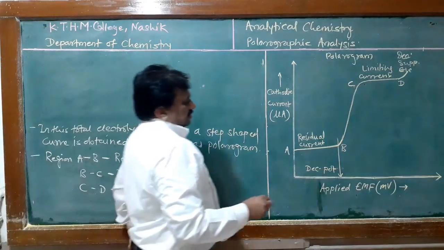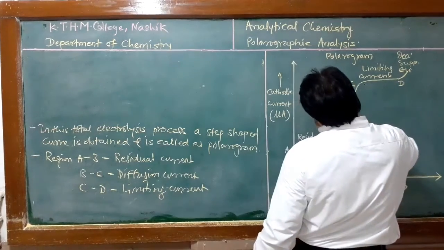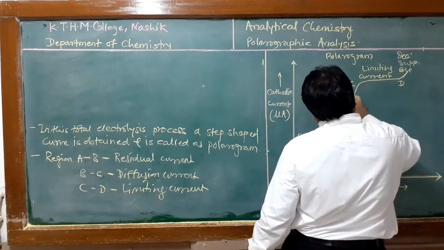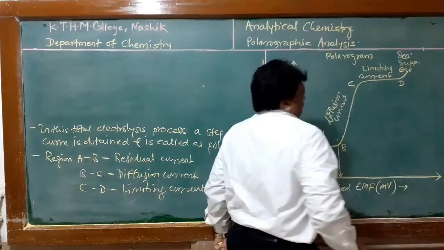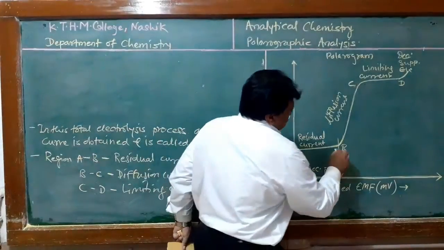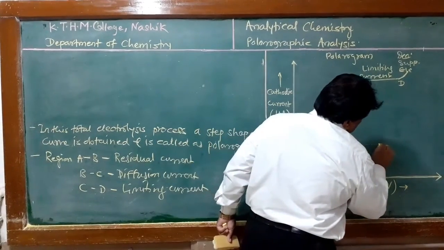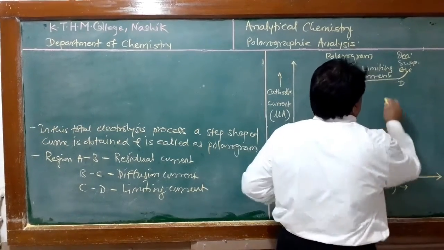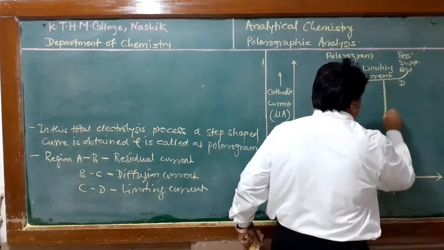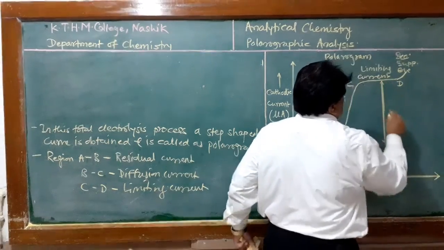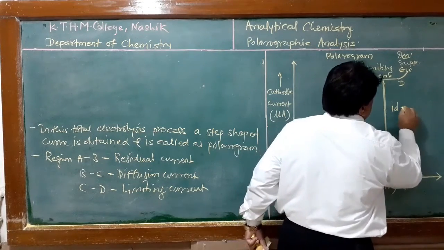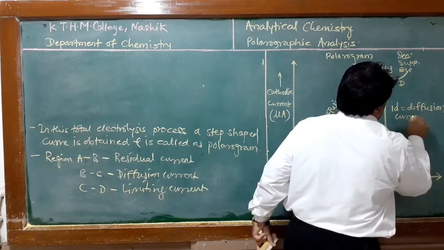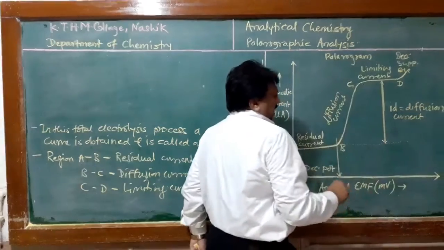Here in this case, this is the region of diffusion current. Now, how is diffusion current calculated on a polarogram? When we extrapolate this line along the potential axis, then here we have this much magnitude of current, and that is called the diffusion current, and it is ID.